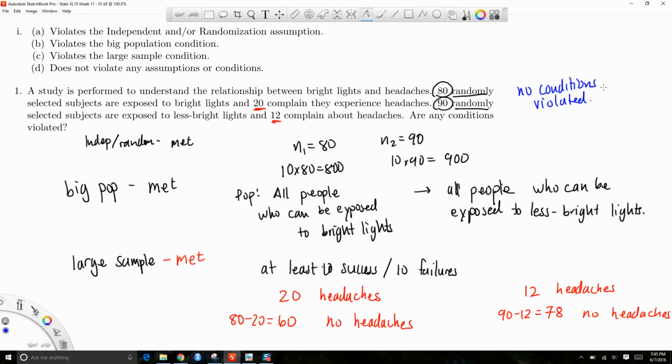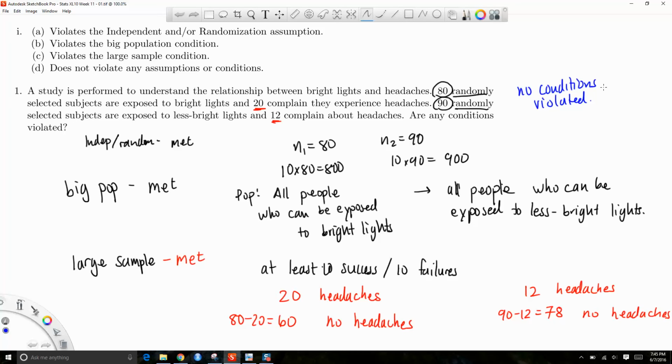It's a funny label to say success, but basically either you have headaches or you don't. So you need to have at least 10 who do and at least 10 who don't. We have 20 who have headaches and 60 who don't. Both of those numbers are bigger than 10, so that's okay. And for the other one, we have 12 who have headaches and 78 who don't. Both of those are bigger than 10. P was not given here.